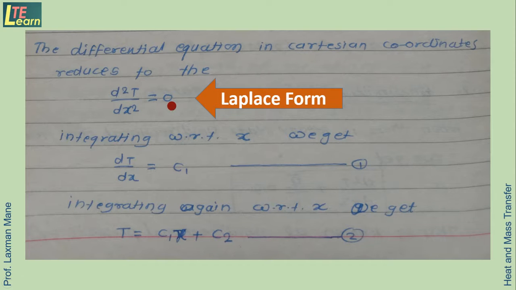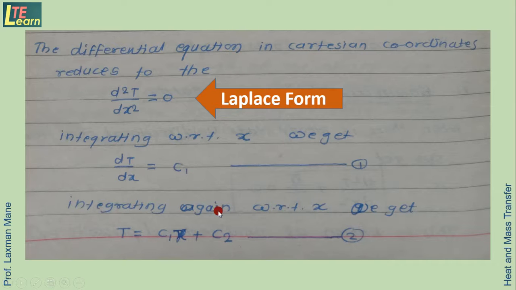Now we have to get the equation for the slab. So what we have to do? We have to integrate this differential equation. Integrating with respect to x, we get dT by dx is equal to C1, the constant of integration. We call this equation number 1.